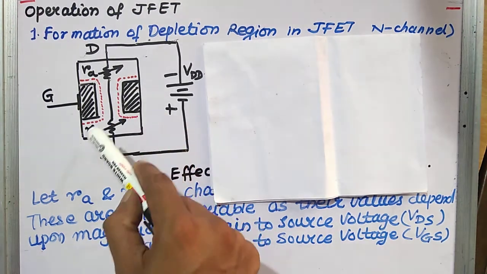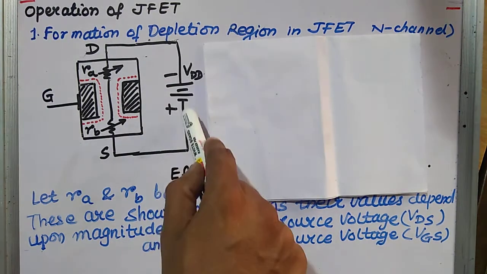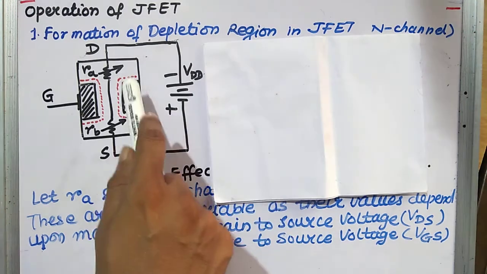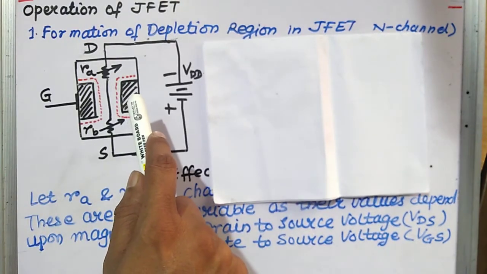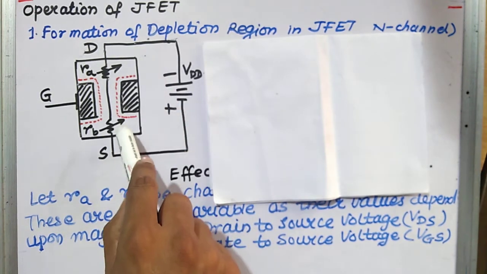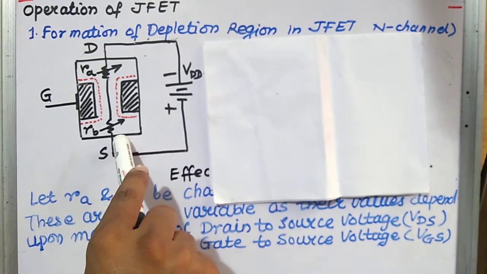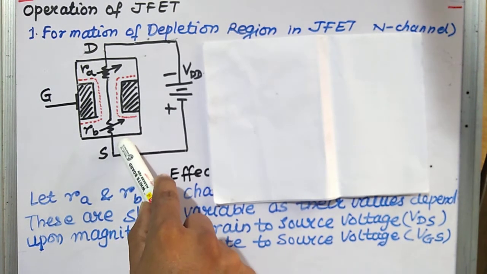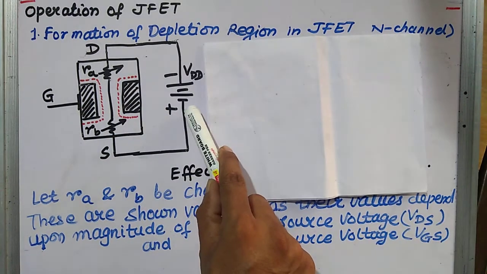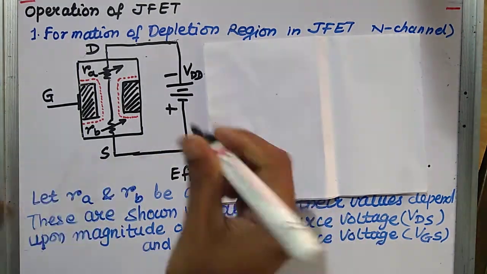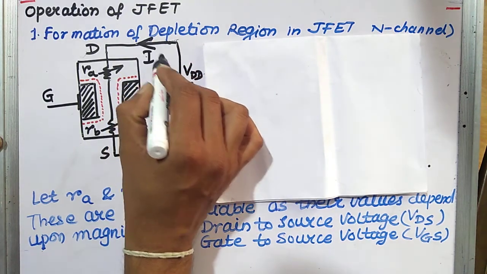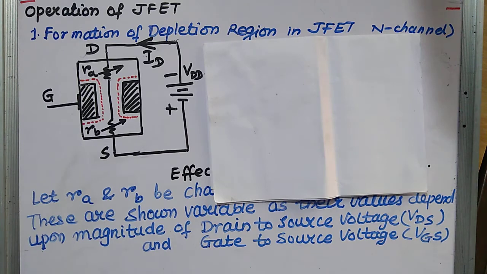These have been shown variable for this reason: if the magnitude of this is increasing, then the values will change. Ra is the variable resistance on the drain side, Rb is the variable resistance on the source side. The values of Ra and Rb will depend upon the magnitude of the reverse bias VDD. So by applying VDD, the current ID will flow like this.